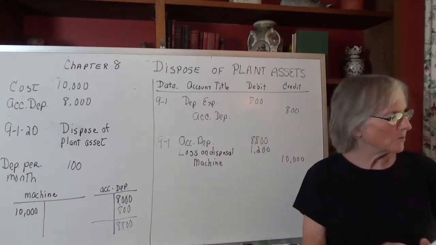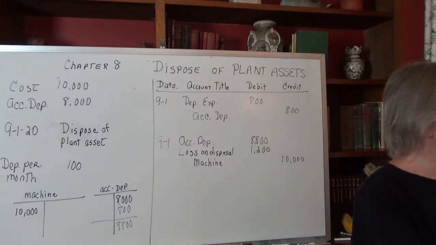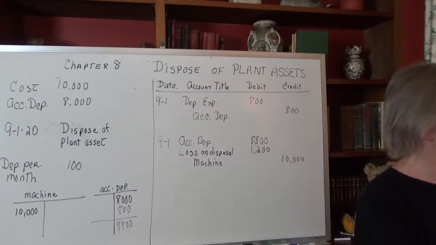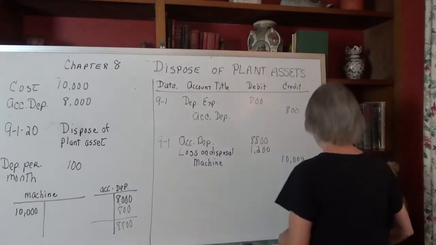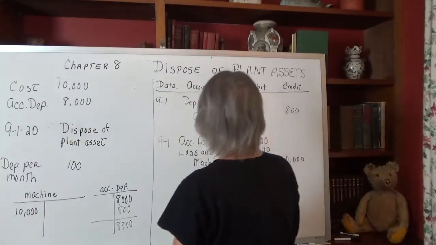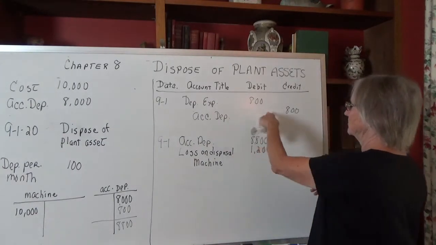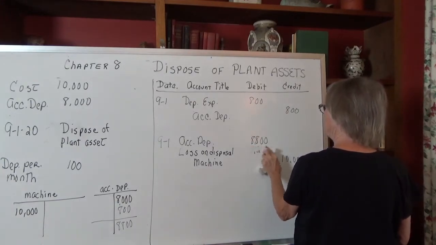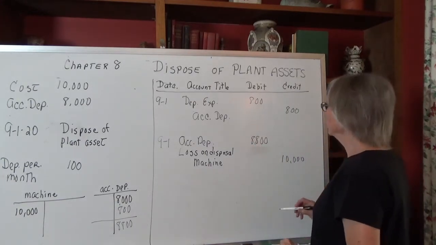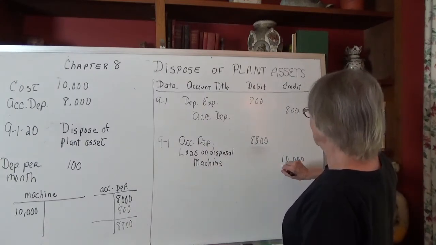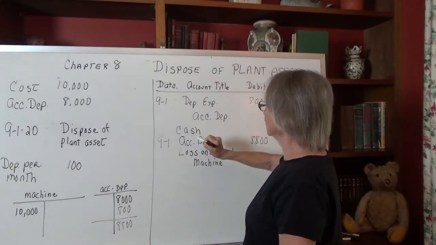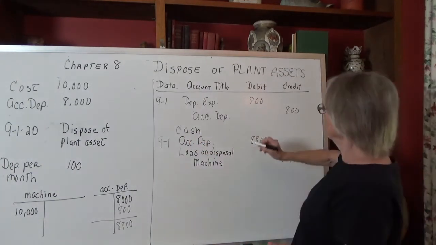Okay, so now what happens if we actually get some money for this? Say we sold the machine for $2,000. How would that change what's going on here? First of all, you do the same first step, update it to the date of the sale. We would still take the machine off the books at 10, the accumulated depreciation at 8,800, but now we would have received $2,000 cash.